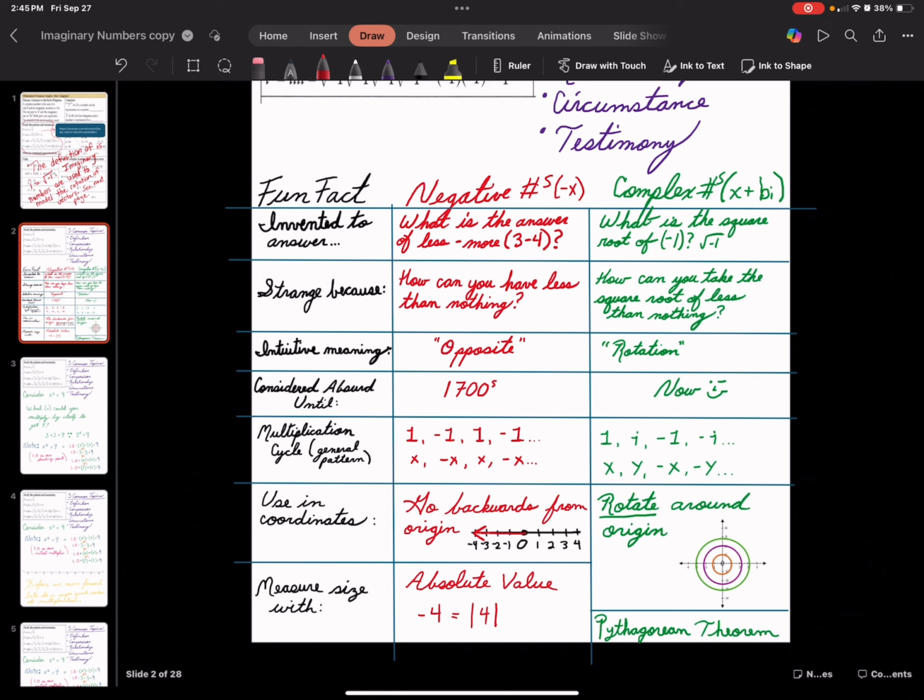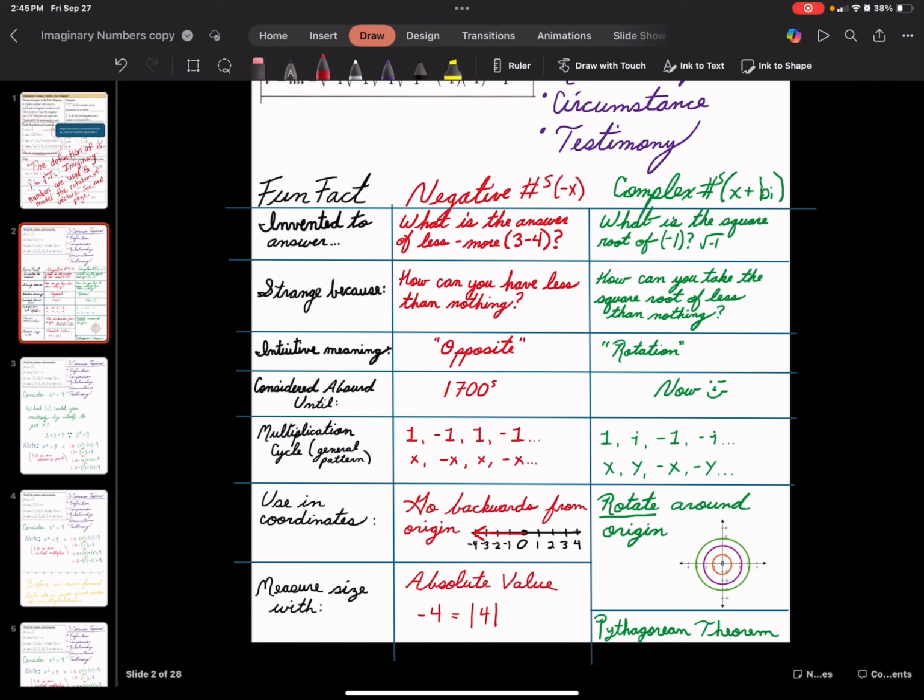We are looking at the next one, considered absurd until now, until you can fully understand them, which is a challenge. And the multiplication cycle, or the general pattern for the complex numbers, 1, i, -1, -i, or x, y, -x, -y, and on and on.